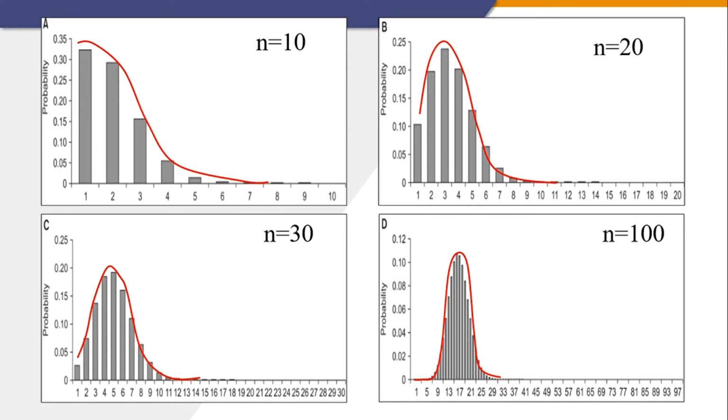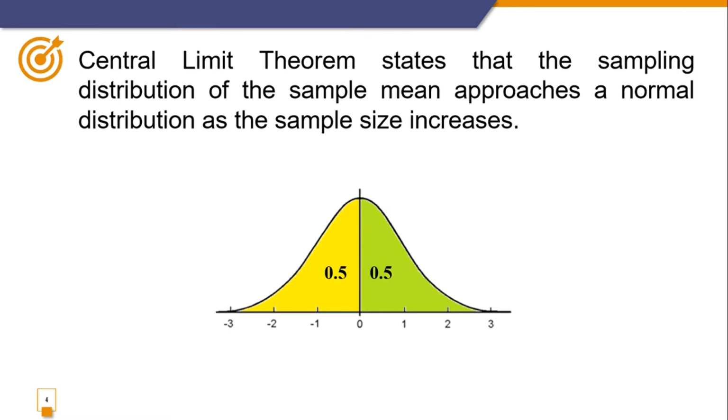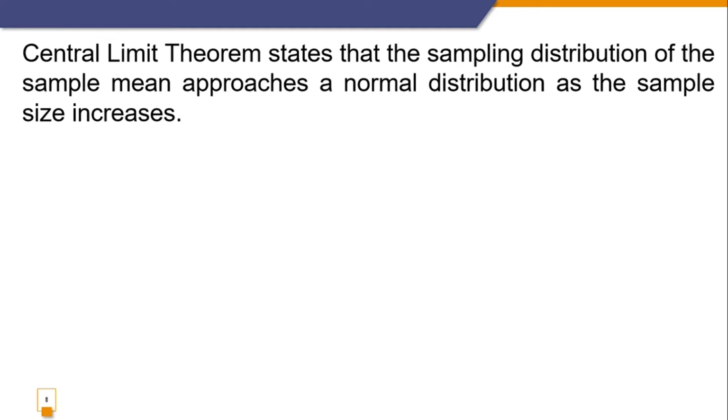So, the sampling distribution of the sample mean approaches normal distribution as the sample size increases. And that is how the central limit theorem works. It states that the sampling distribution of the sample mean approaches a normal distribution as the sample size increases.